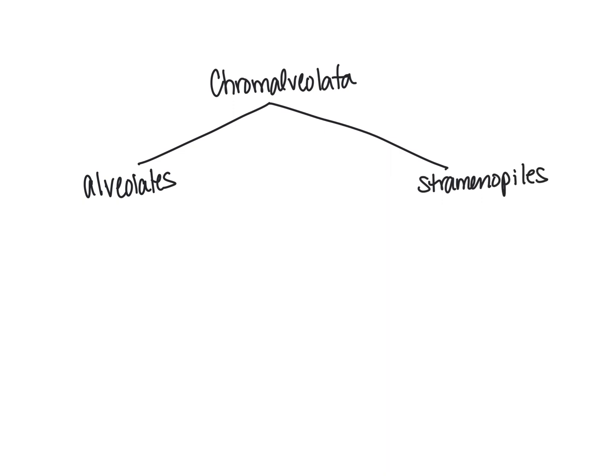We then talked about three different types of alveolates. We talked about dinoflagellates, apicomplexans, and ciliates.